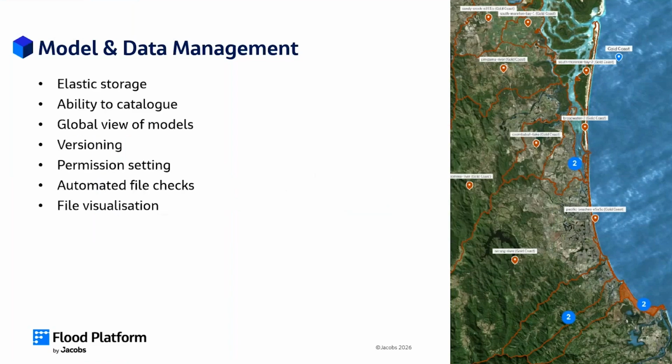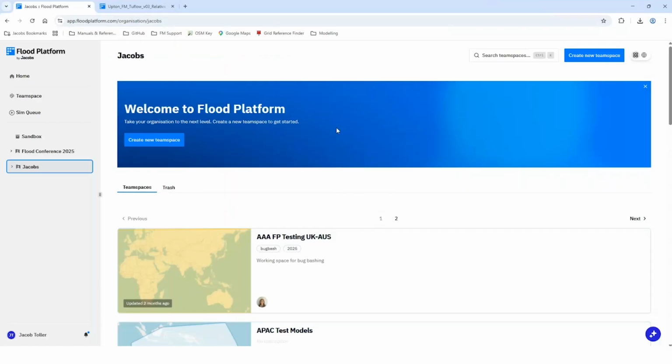So what we'll do now is, if I drag this across, okay, once you log on to Flood Platform, this is what you're going to see. The way that we organize Flood Platform is you can be a member of multiple organizations.